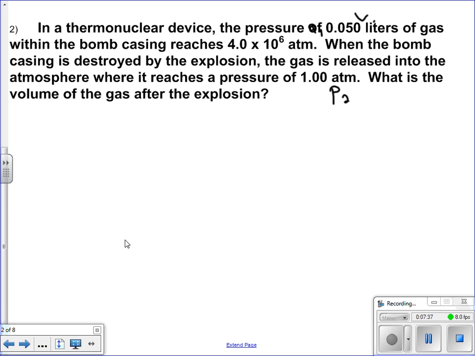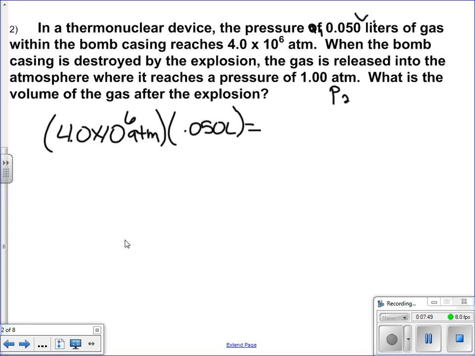So now we just plug in our numbers. Hands off for V2. All right, so I want V2 by itself, so I'm going to divide each side by 1 atmosphere.